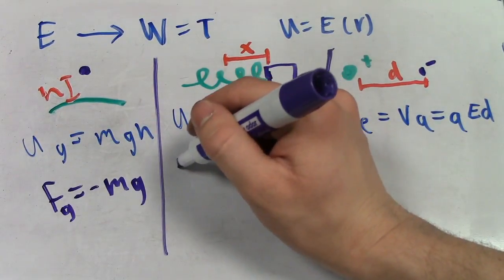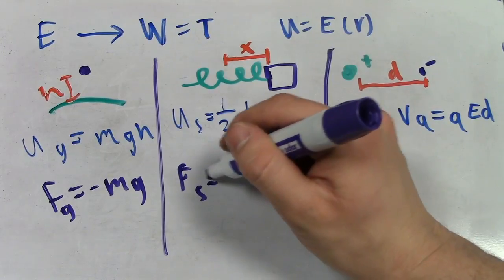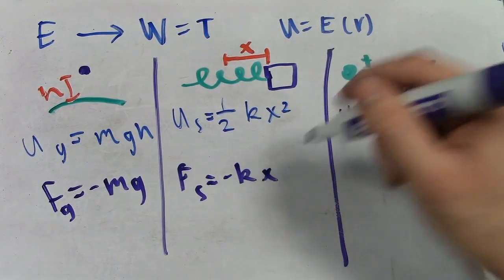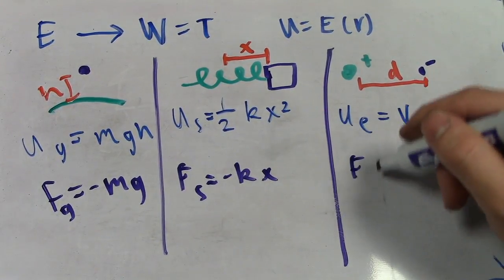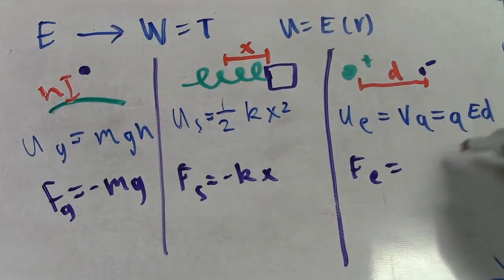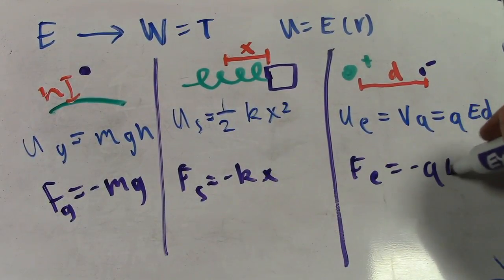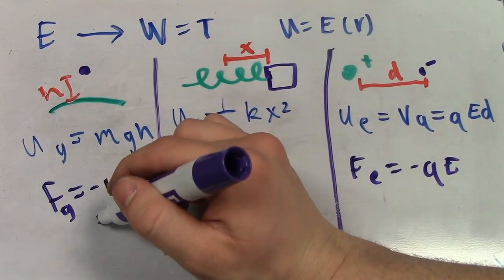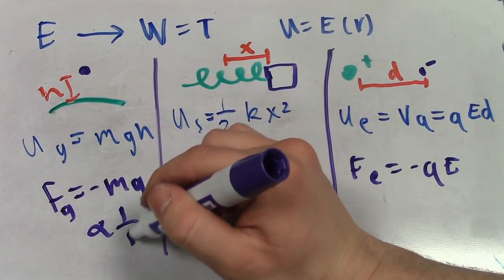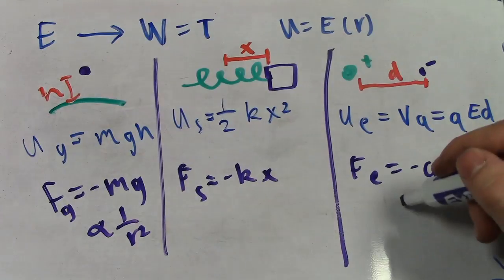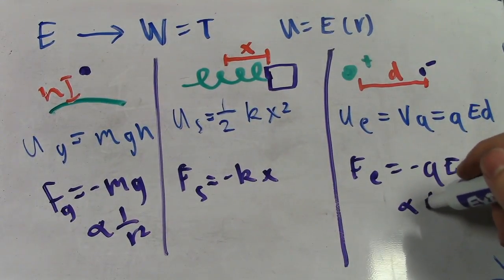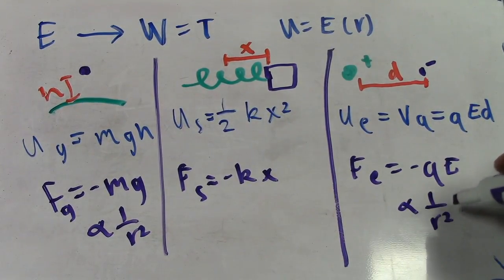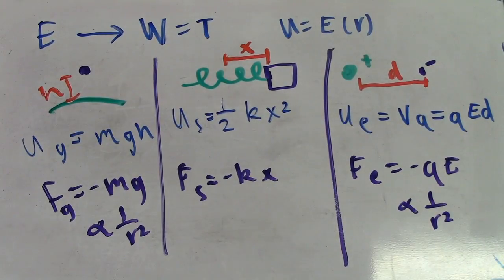Mass times gravity, spring stiffness times position, and electric field times charge all only rely on the location of the object. For the first and third equations, this isn't obvious in their current forms, these forms which assume that the field acting on the objects is uniform, but in their official equations, which account for non-uniform fields, they're actually proportional to 1 over the distance between the objects, r, squared.